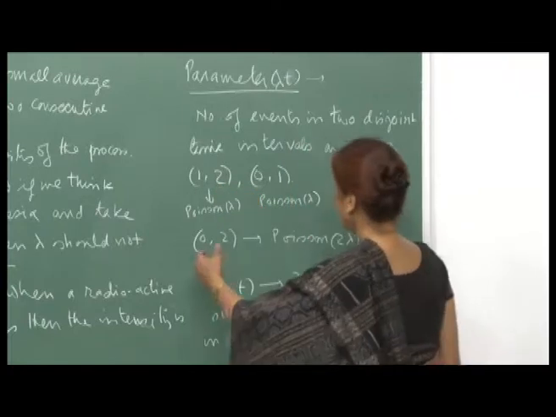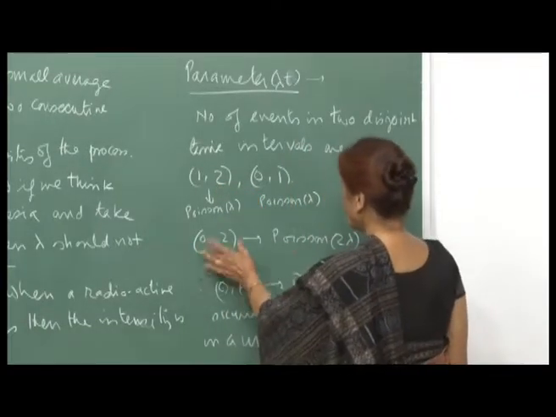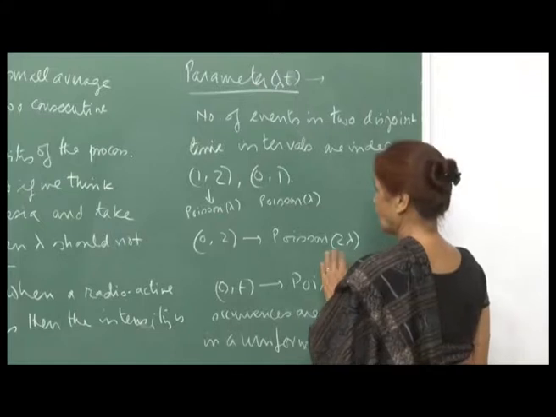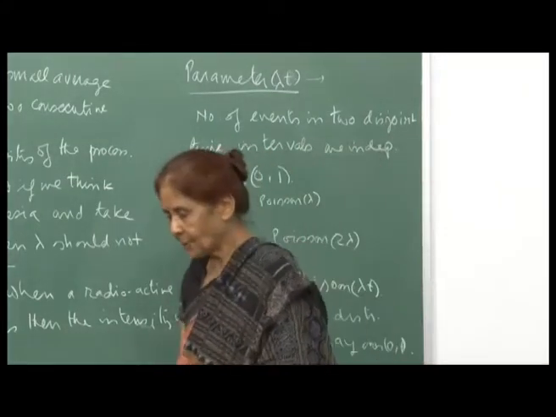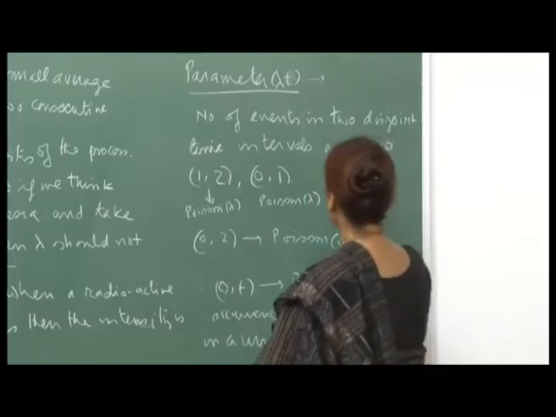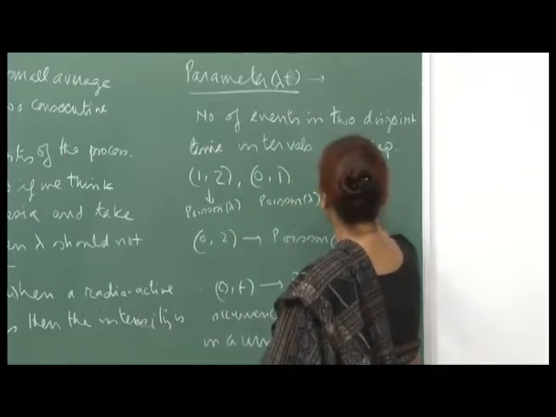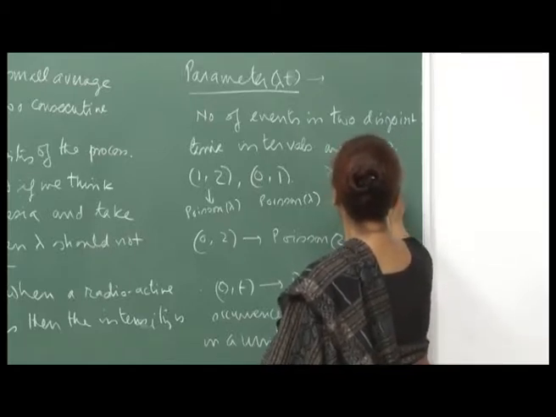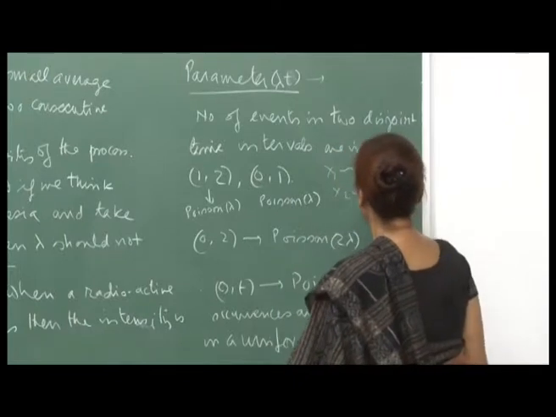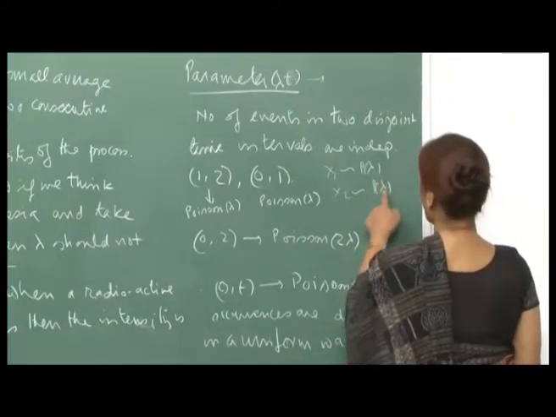Now, if you look at the time interval 0 to 2, it will become Poisson 2 lambda, because by now we have shown you by many different methods that if x 1 is Poisson lambda and x 2 is Poisson lambda, then x 1 plus x 2 is again Poisson 2 lambda; the parameters get added.